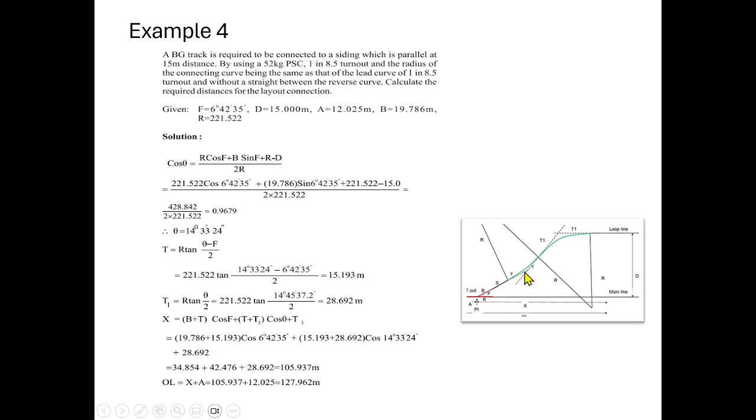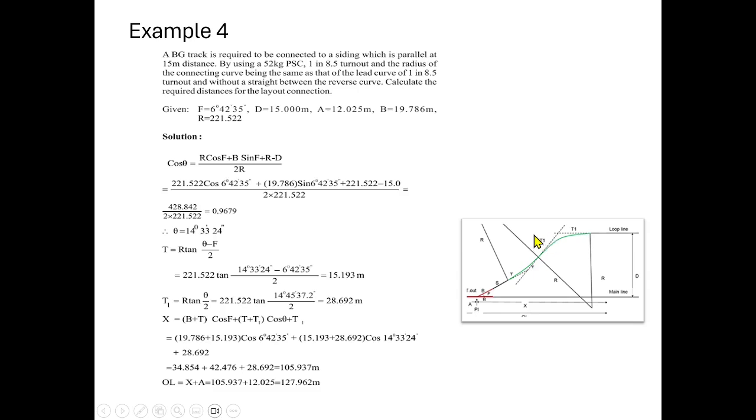So once we know the T here, we can calculate the distance up to this. Similarly, we have to find out the distance from here to this. We know T, but since the deflection angle is different, this tangent length also will differ.